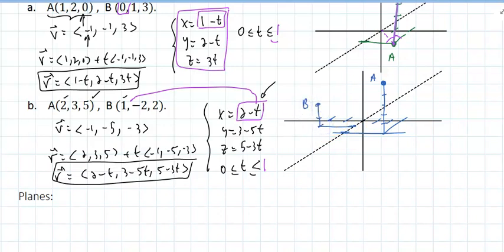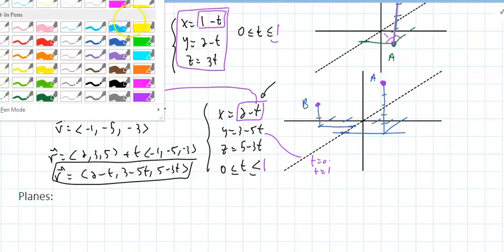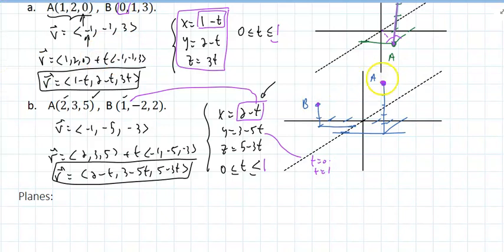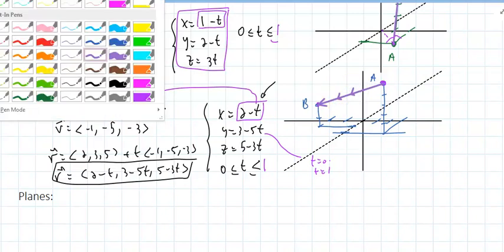Well, look what happens. If I take t to be 0, well, obviously I'm right there. 2, 3, 5. And if I let t equal 1, I am right there. Pretty much what that does, that allows me to write this as a vector in the direction that is desired. That's a must for what's to come.